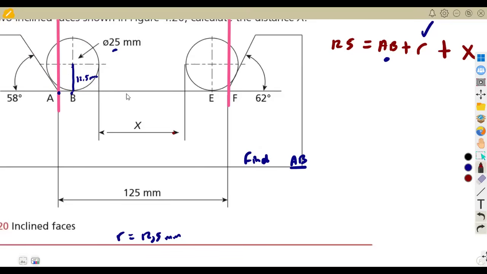So what is going to be this angle? Because as we can see, we can formulate a right angle triangle. Why am I talking about a right angle triangle? This is a tangent. A radius meets a tangent at what? At 90 degrees, the radius and tangent theorem. So it means we can have AB. Remember what I said, the whole of this angle can be obtained from angles on a straight line. So that means 180 minus 58 degrees.